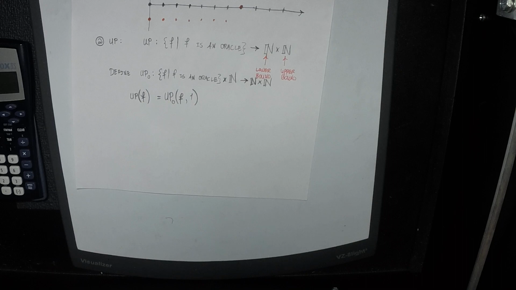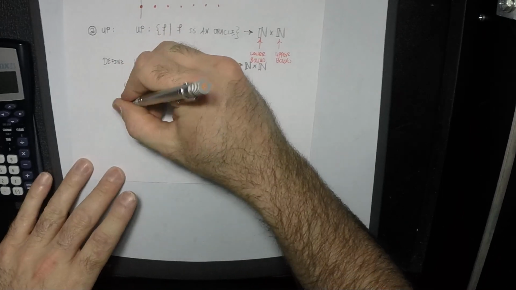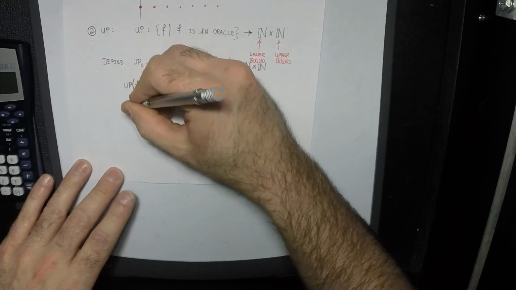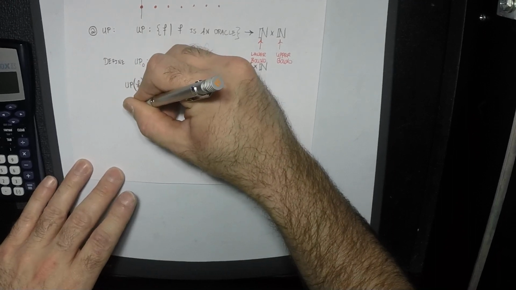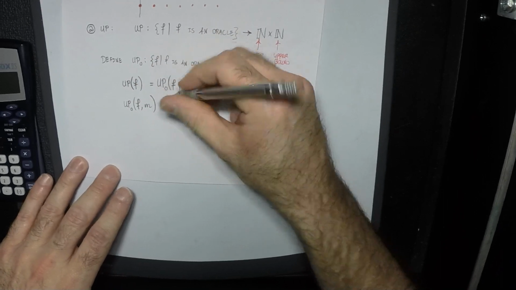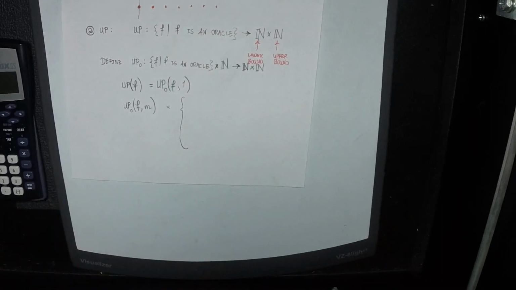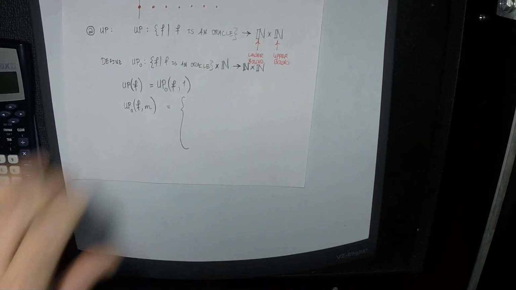So the first guess will be 1. Now we need to define up 0 of f and m. There are lots of possibilities that we need to work through.